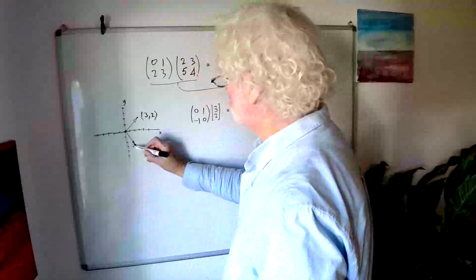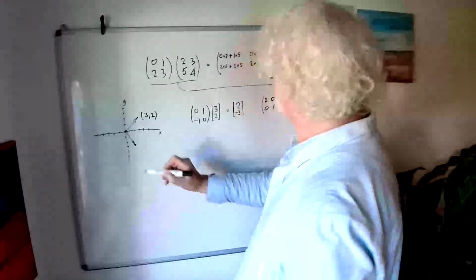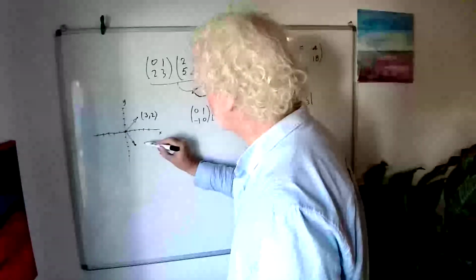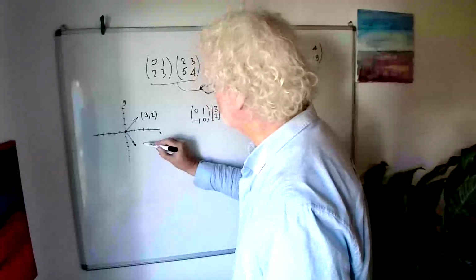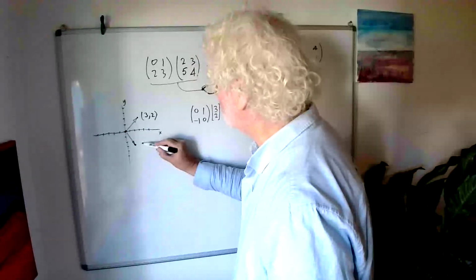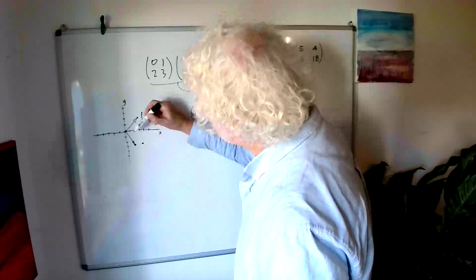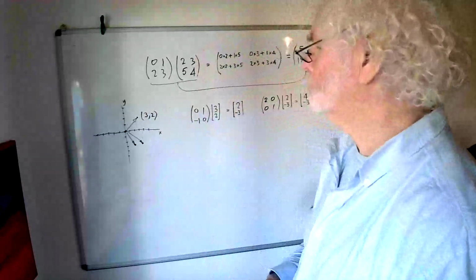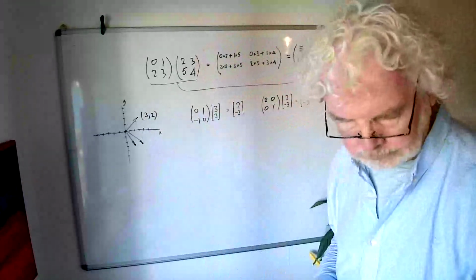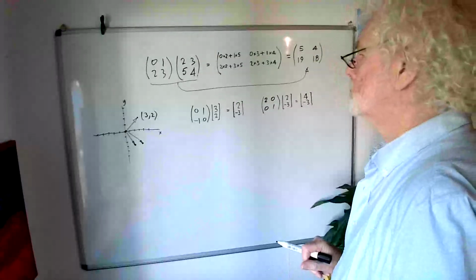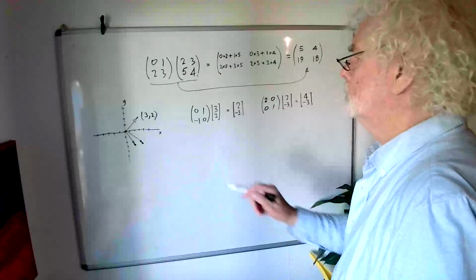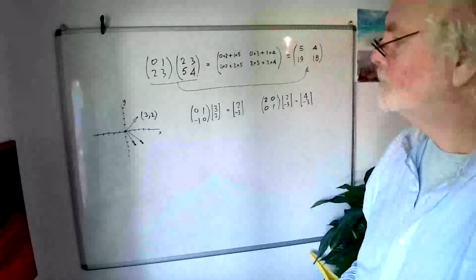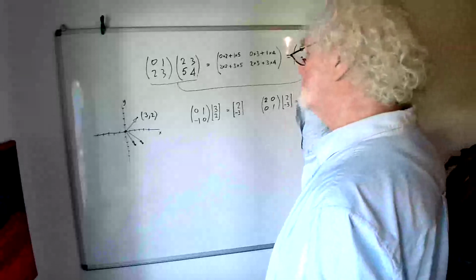It's 4 out, 1, 2, 3, 4, and 3 down. It's there. So the new vector is this one here. I think I should have drawn this much bigger. But anyway.